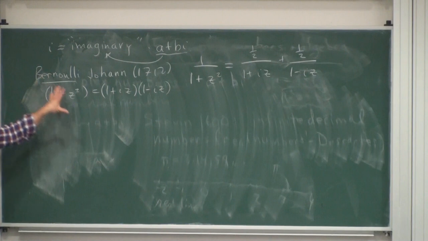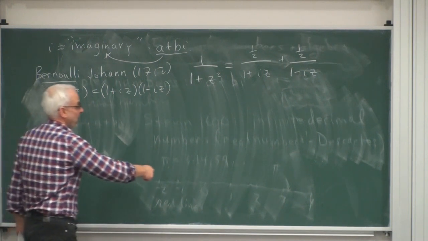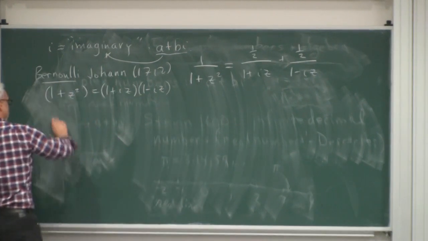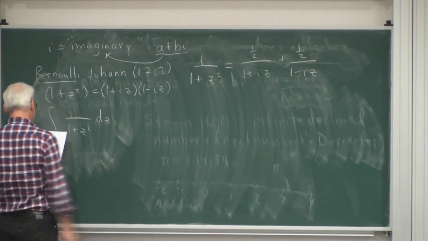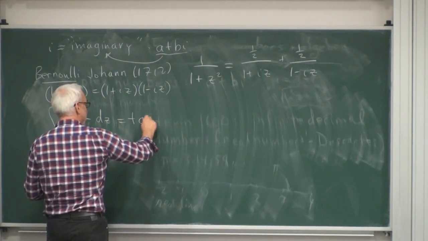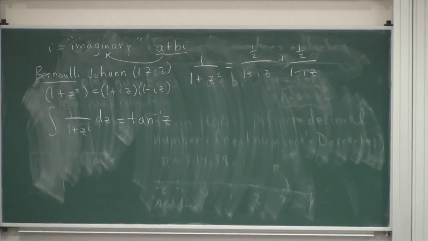Now during this period, most applications involved calculus one way or the other. People were interested in developing the calculus and solving calculus-type problems. So Bernoulli was interested in this because if we integrate 1 over 1 plus z squared dz, well, that's arctan of z, as Bernoulli realized.